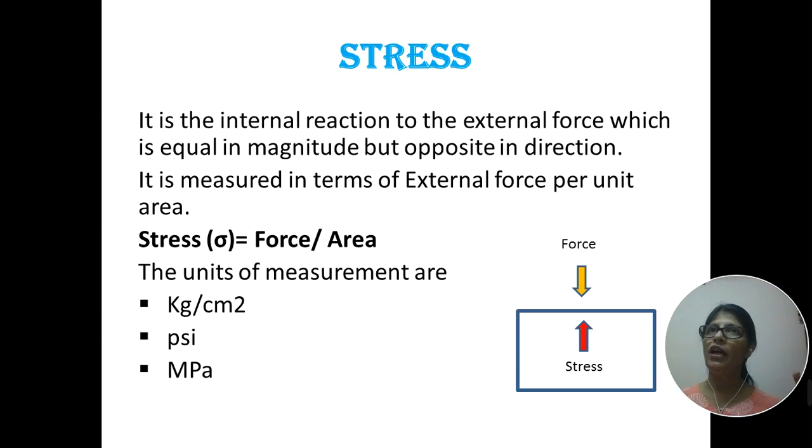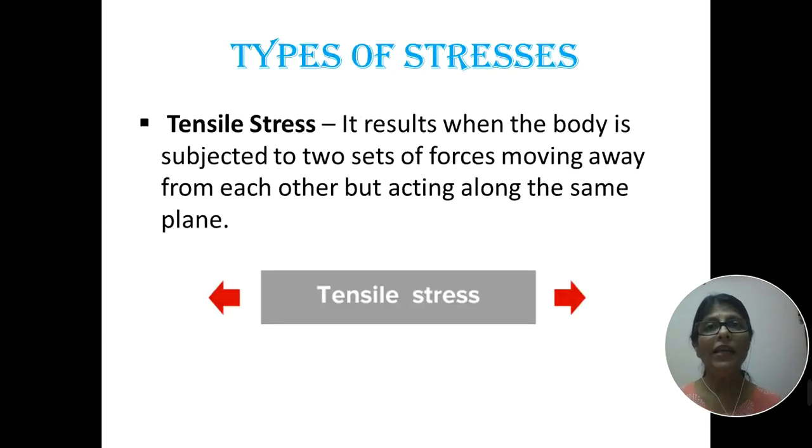So got it, my friends? Stress is nothing but the internal reaction to the external force. Although we are measuring in terms of external force, stress is the internal force which is resisting the external force. Now, depending upon the direction of the forces, there are three main types of stresses.